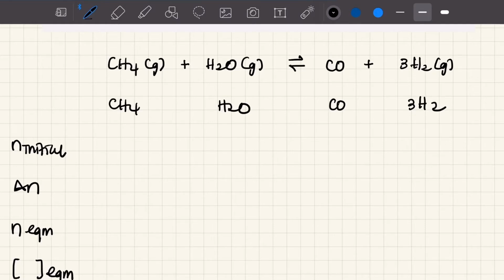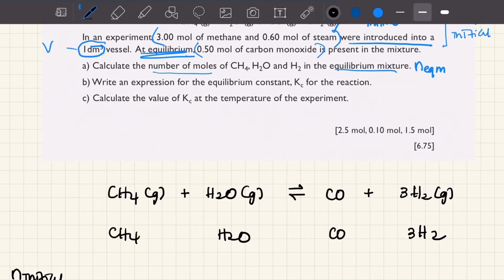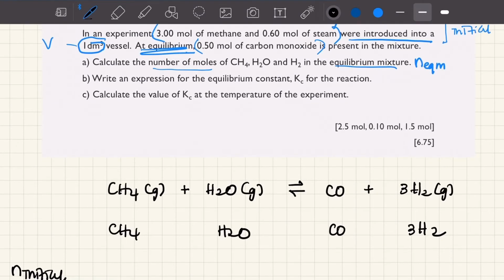So for the initial number of moles, from your information you know that you have 3.00 mole of methane, 0.60 mole of water, steam, and carbon monoxide initially.